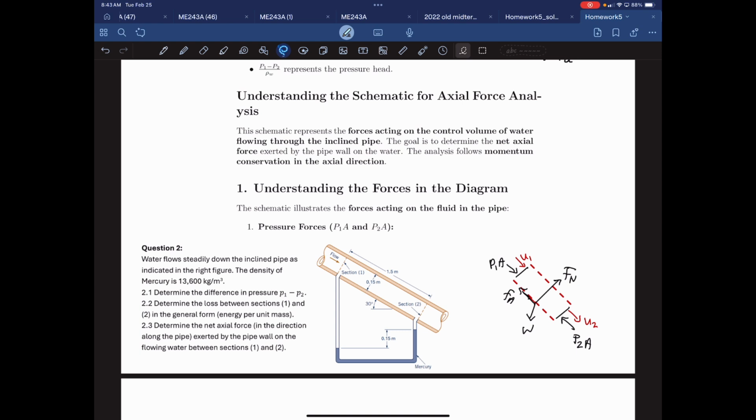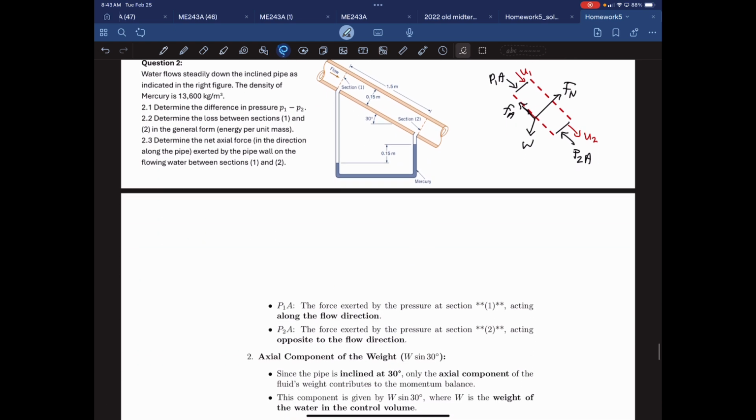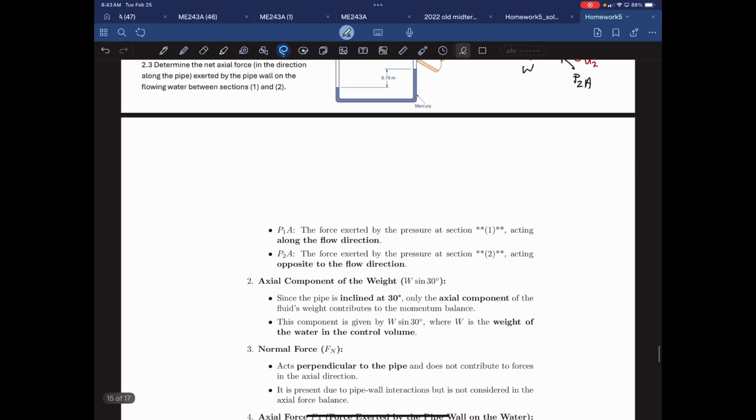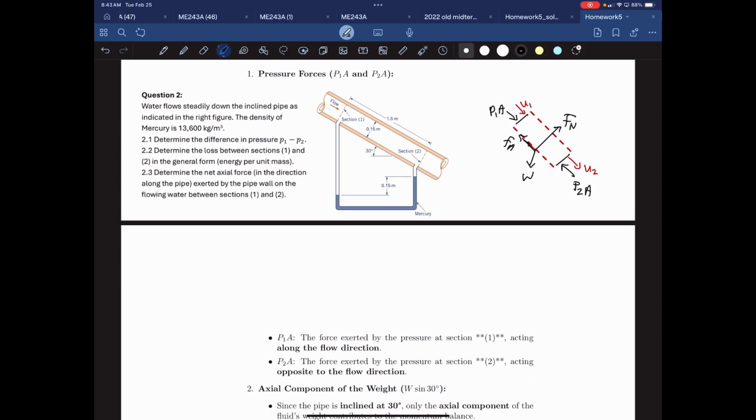So we have to follow the momentum conservation in the axial direction. P1A is the force exerted by the pressure at section 1, and P2A is the force exerted by pressure at section 2. So the axial component of the weight would be W sine 30 because it's at the inclined angle right here.